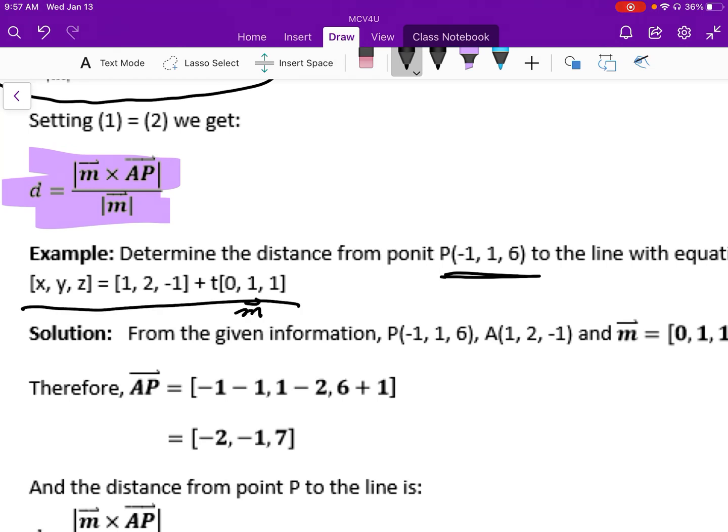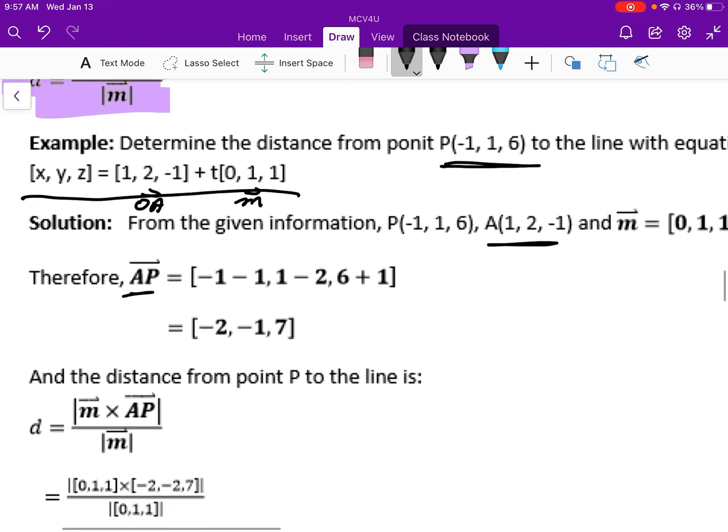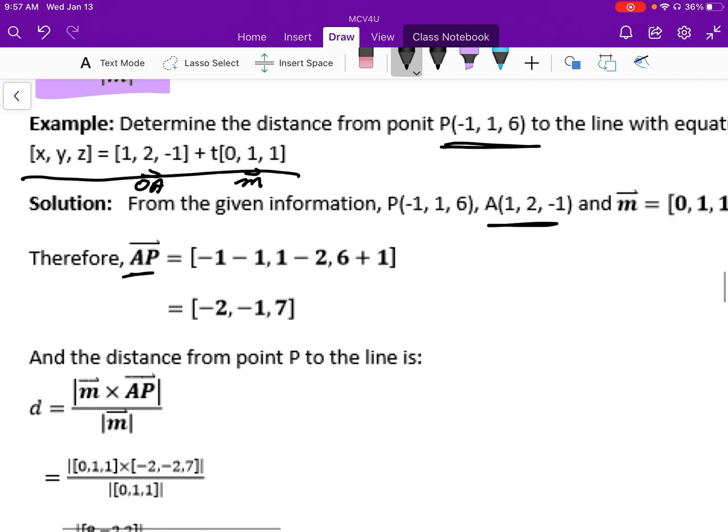And we have our position vector OA that we know. So we know another point that's on the line, 1, 2, negative 1. We have then our vector AP. We find the cross product between the direction vector and AP.